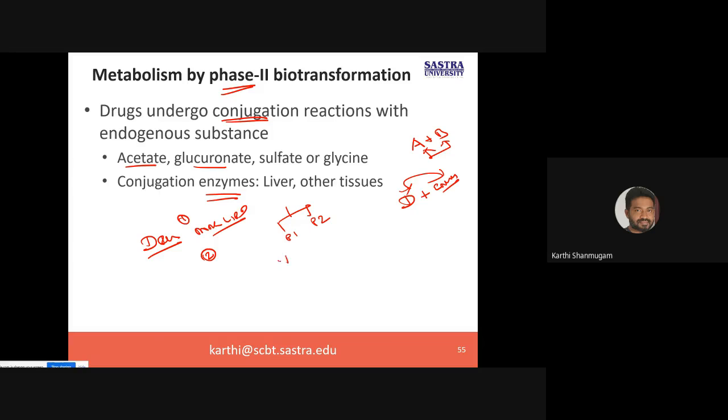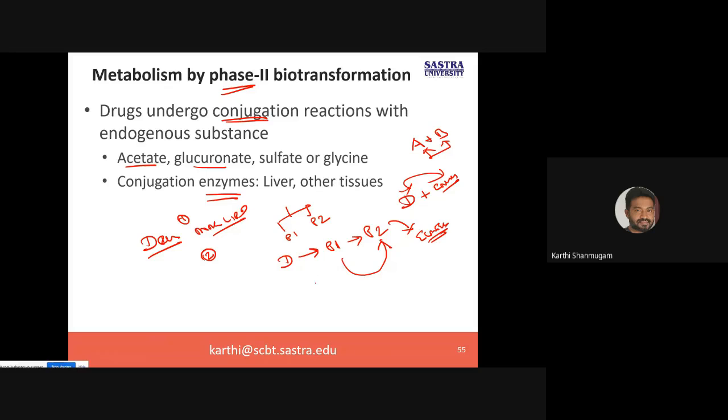Normally the drug molecule goes to the phase 1 reaction, where the enzymes prepare the drug molecule for phase 2. Once the phase 1 reaction is over, that product will be taken for phase 2, and finally the product of the phase 2 reaction will be excreted through urine, because it will be highly soluble in water.